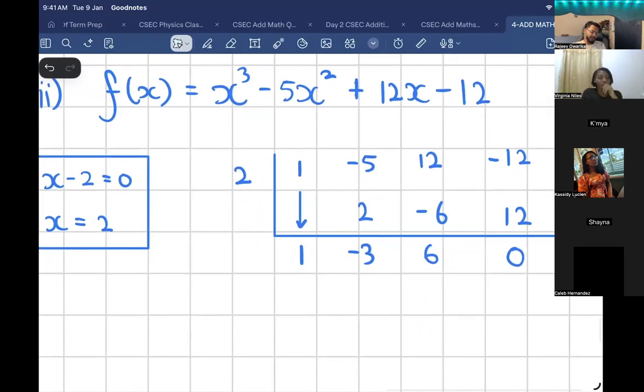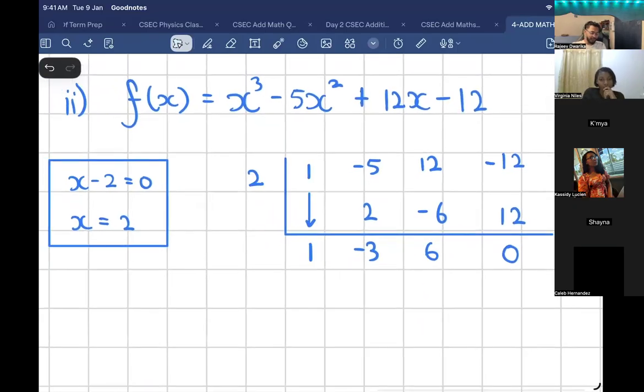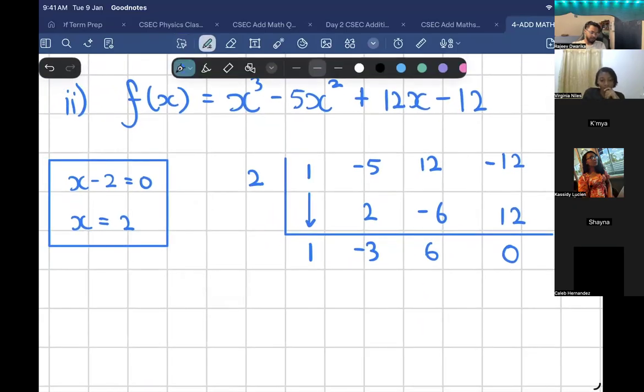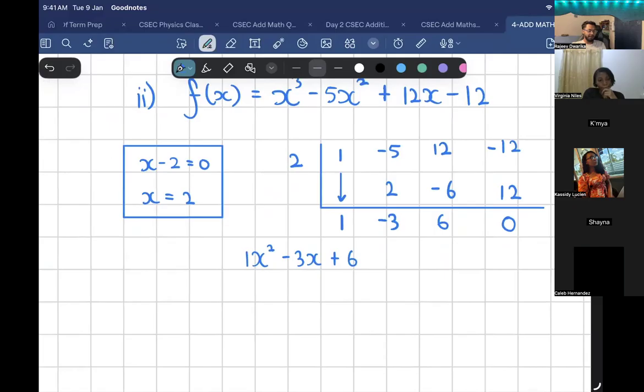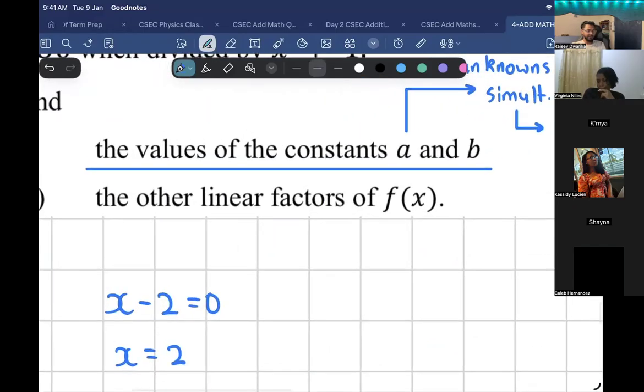That's good. Right. So your answer here is just going to be what? 1x squared minus 3x. Perfect. And that would be the quotient, right? But they want us to find the other linear factors.